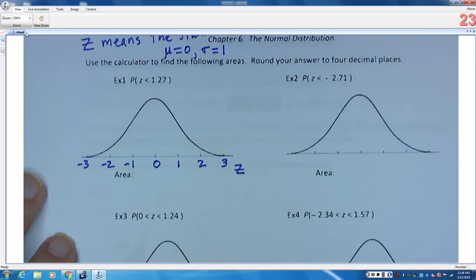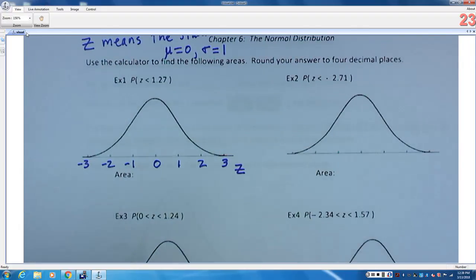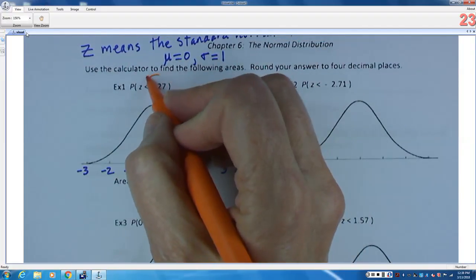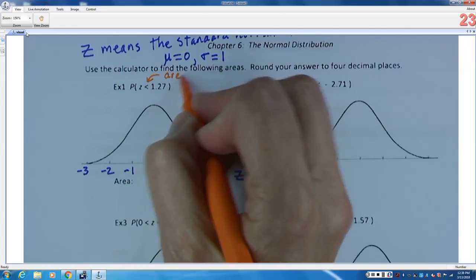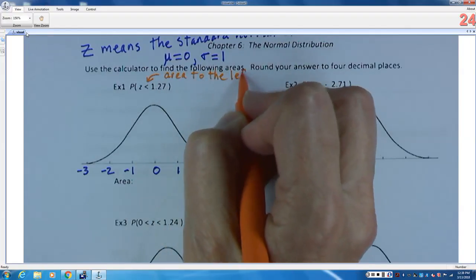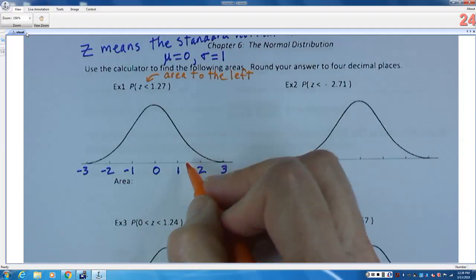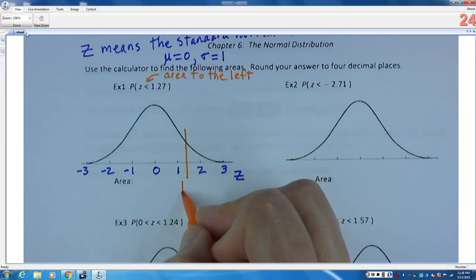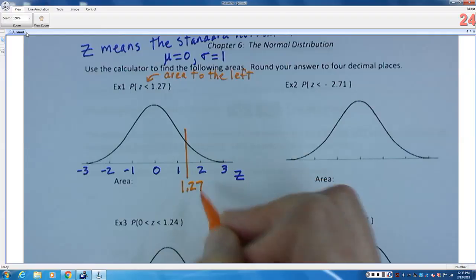So if you want to find less than 1.27, less than means it's an area to the left. 1.27 would be about here, so I just draw a vertical line and write 1.27.